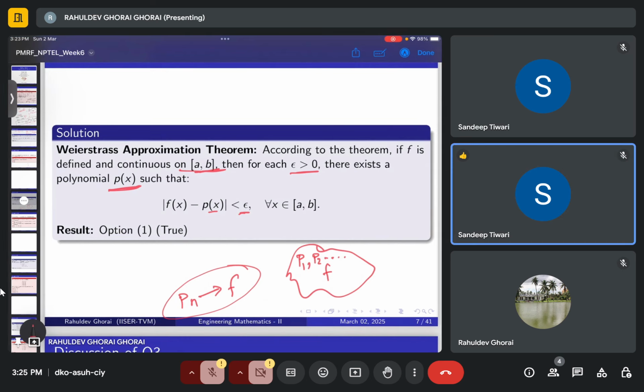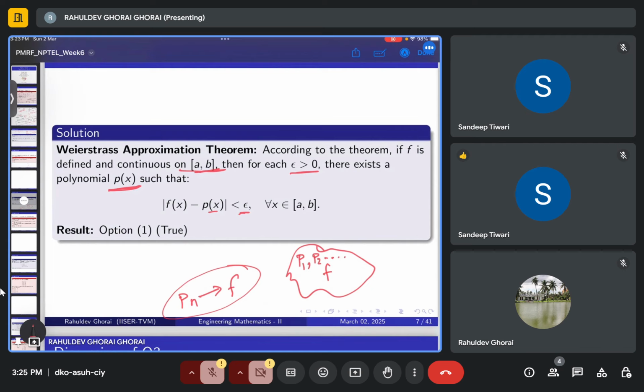Okay, sir. This is a good question also: why is it not true on an open interval? There might be a counterexample, a function which cannot be approximated by any polynomial if it is continuous on the open interval (a, b), and of course then it has to be not continuous on the closed interval [a, b].